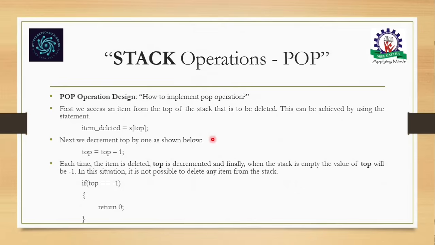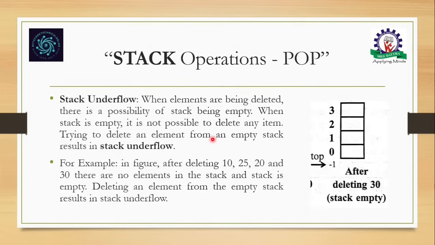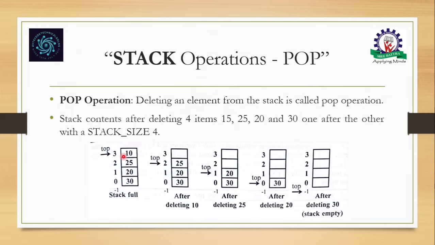Next, once the element is deleted, the next topmost element will be one level down, as you can observe in the figure. Once I delete 10, the next topmost element will be 25. So the top pointer is going to move from 3 to 2.